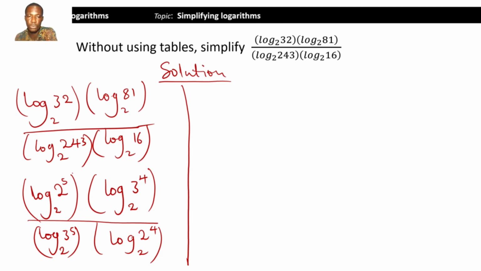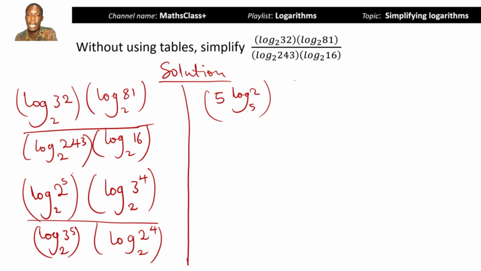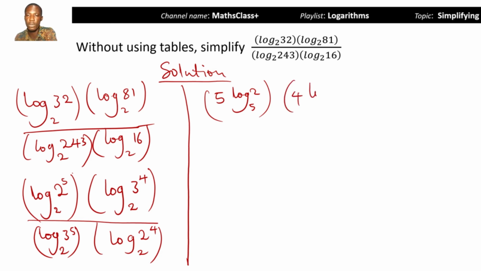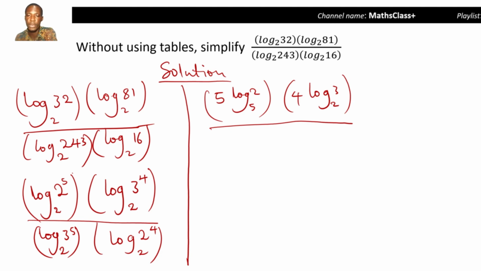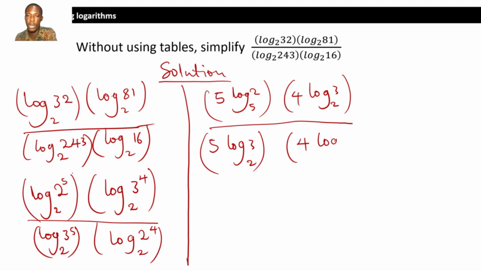Okay, so we continue and get 5 log 2 base 2, and this is multiplying 4 log 3 base 2, which is also divided by 5 log 3 base 2 multiplying 4 log 2 base 2.